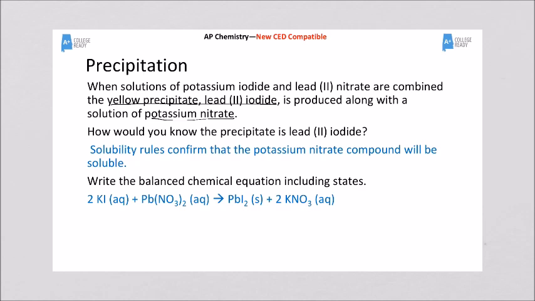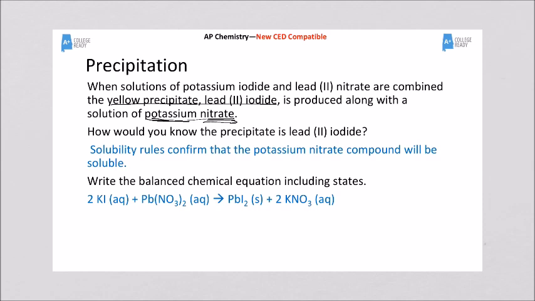If you're asked how you would know that lead 2 iodide is the precipitate, we can just look and see that it can't be a potassium salt and it can't be a nitrate salt. Just having one of those ions in an ionic compound confirms that it has to be dissolved. In this case, we actually have 2 ions that are both part of our rules.